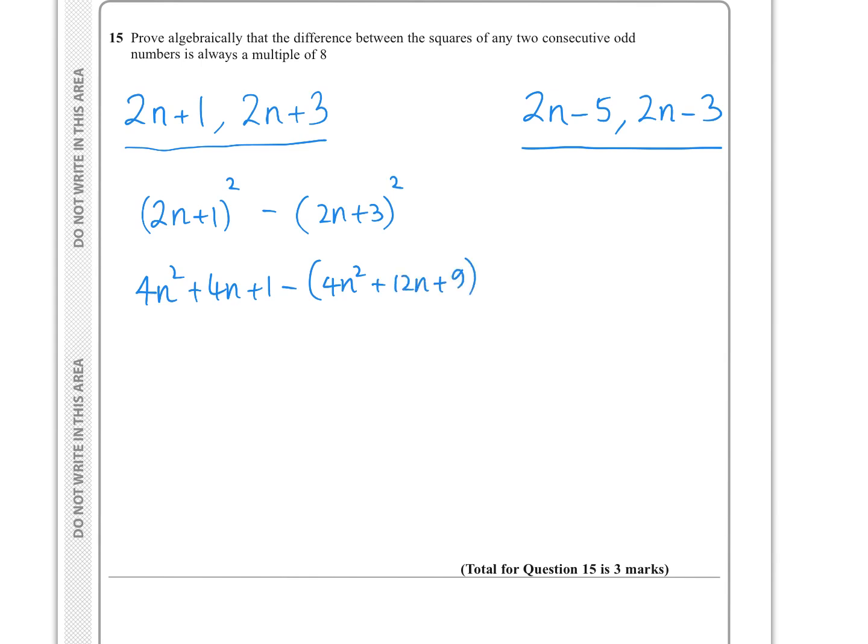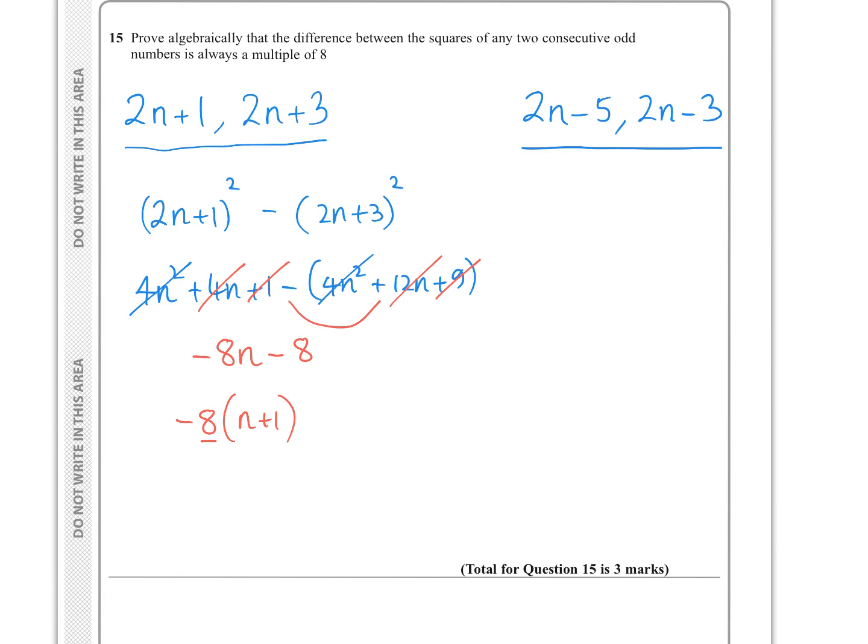And so we'd have 4n squared minus 4n squared, that's 0. 4n minus 12n, that's minus 8n. And then 1 take away 9, that's negative 8. We can take negative 8 out as a factor. And yes, it's a multiple of 8.